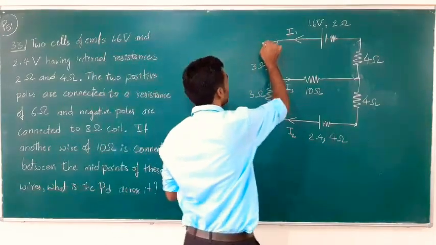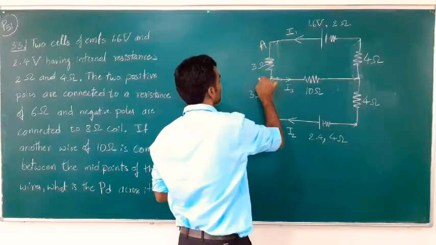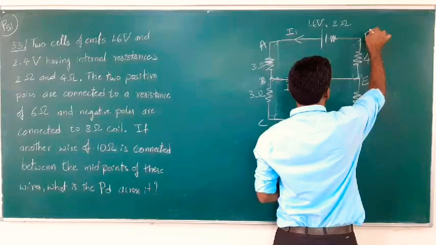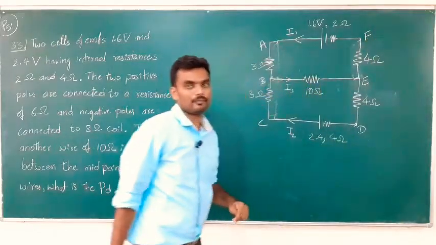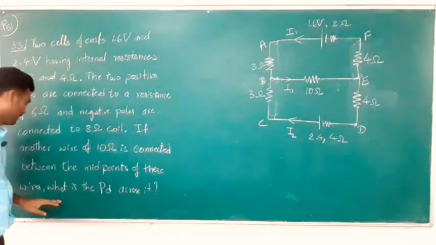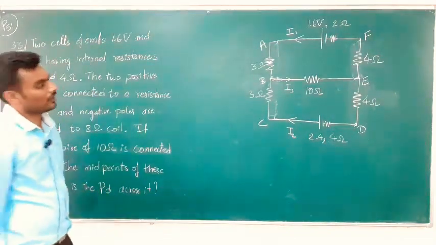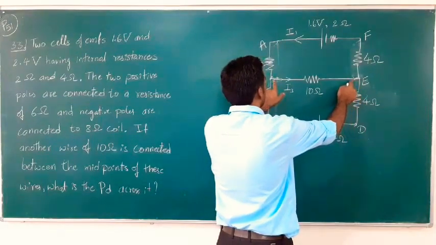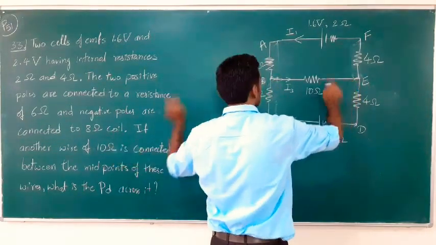And let me name the terminals as A, B, C, D, E, F. Now, what is asked to find? What is the potential difference across it? It means the external resistor. They are referring to this 10 ohm resistance.